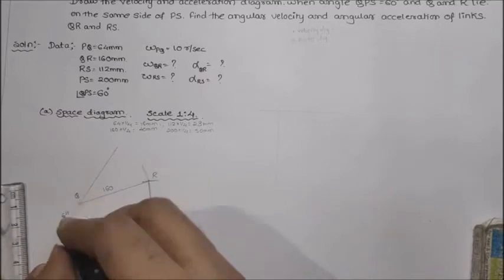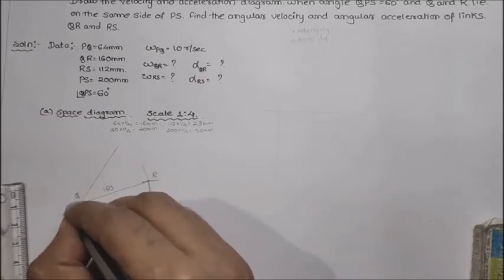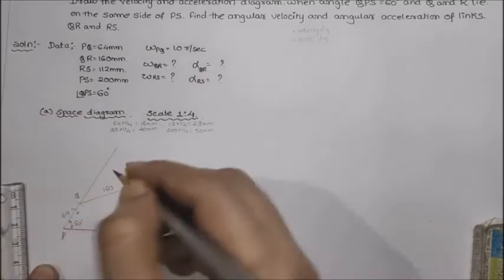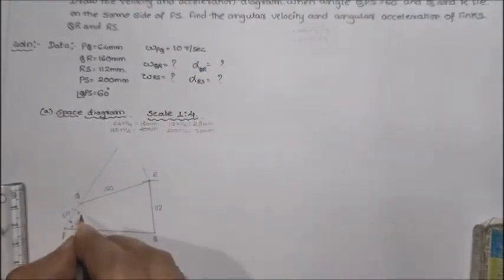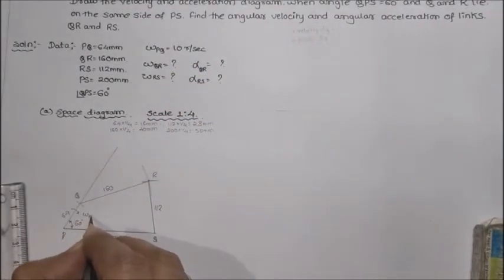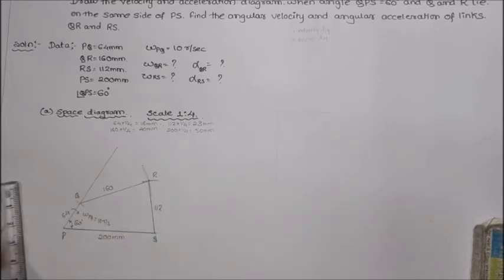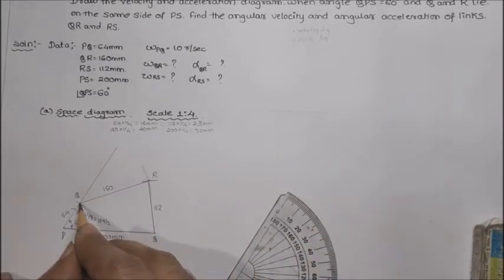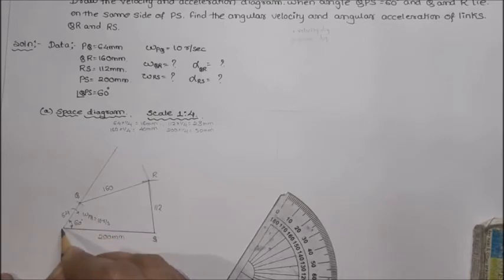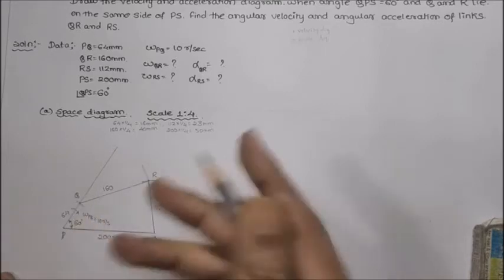Now the direction of rotation, which is omega PQ, has been given, and the value has also been given as 10 radians per second. As the direction is clockwise, the velocity of point Q with respect to P will be in the same direction.